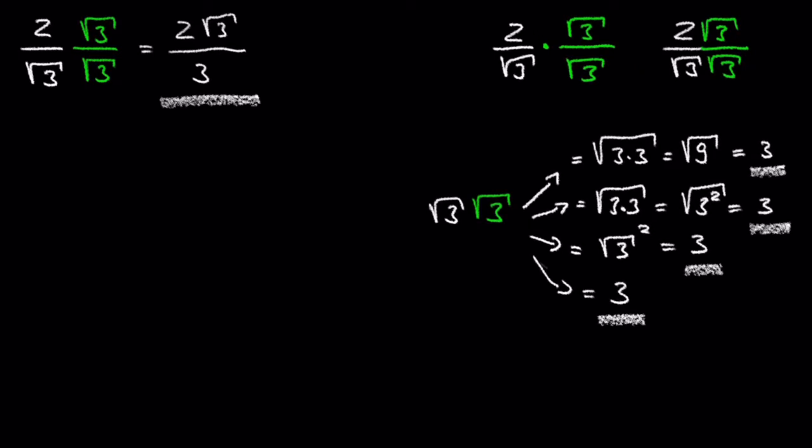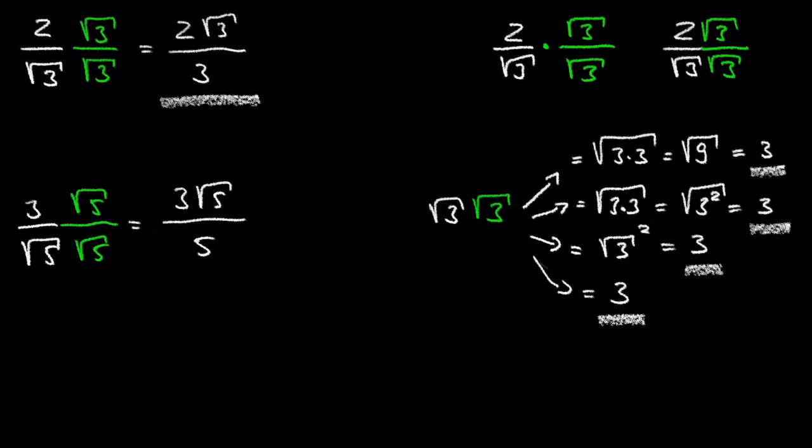Let's look at this example. 3 over the square root of 5. Multiplying the top and the bottom of the fraction by the square root of 5 gives us 3 times the square root of 5 in the numerator and 5 in the denominator. What about 5 over the square root of 7?